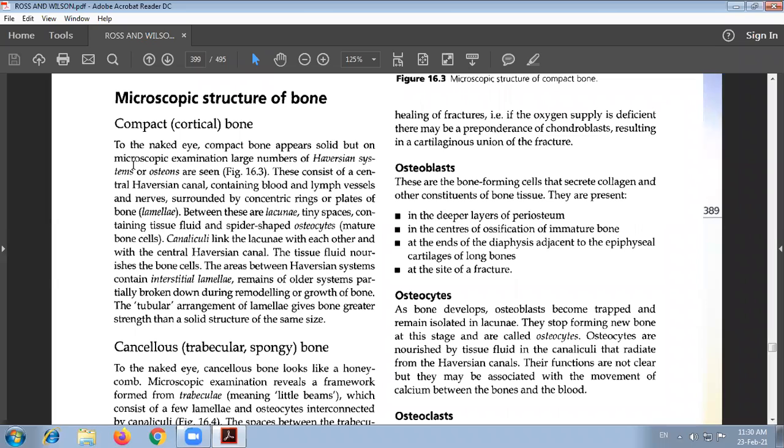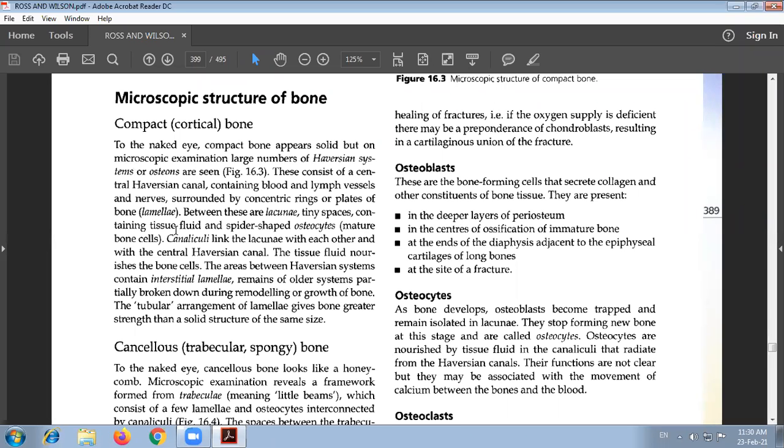Microscopically, it has a Haversian system which has a Haversian canal containing blood and lymph vessels and nerves, surrounded by concentric rings or plates of bone called the lamellae.